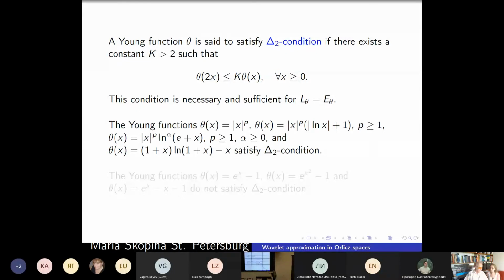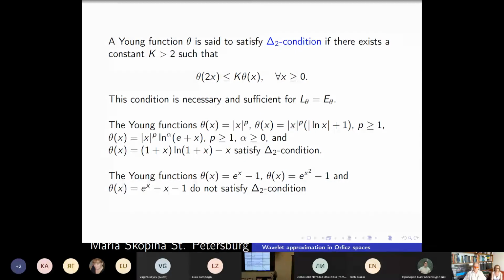Functions that correspond to L^p with logarithm, another form of logarithm, satisfy the delta 2 condition, and the exponential Young function does not satisfy the delta 2 condition.